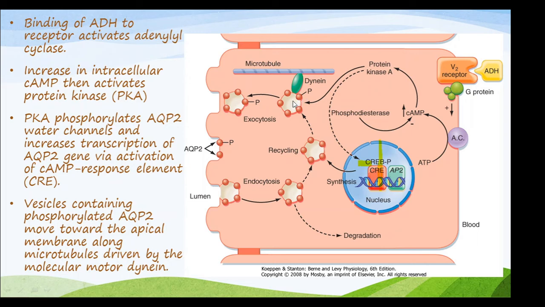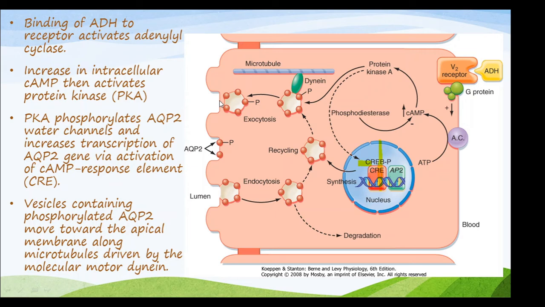which helps in the transport of the AQP2 containing secretory granules towards the apical membrane. So dynein is a molecular motor which actually drives the movement of AQP2.